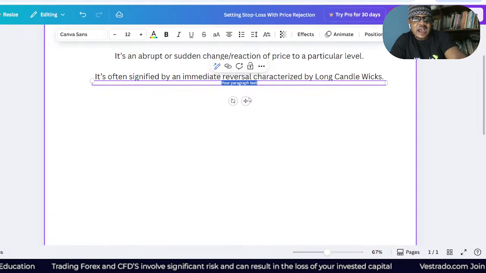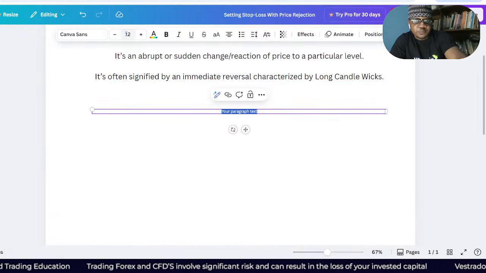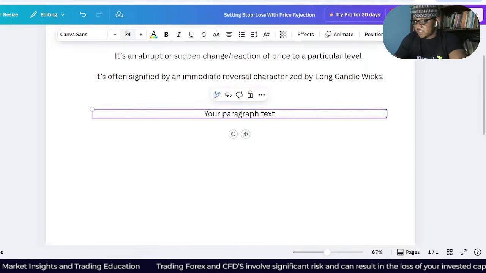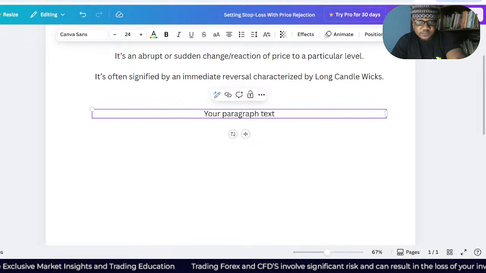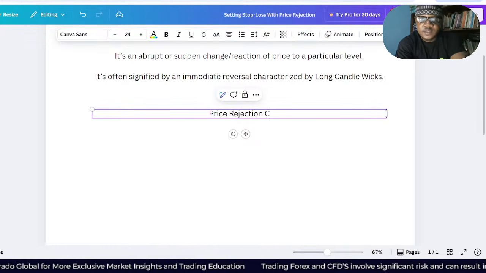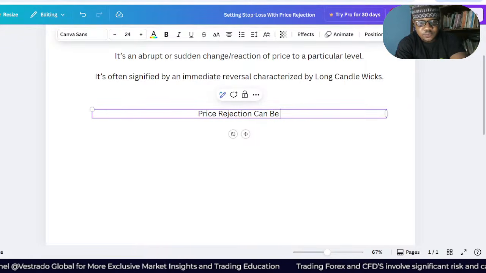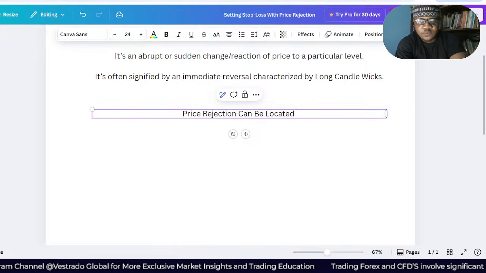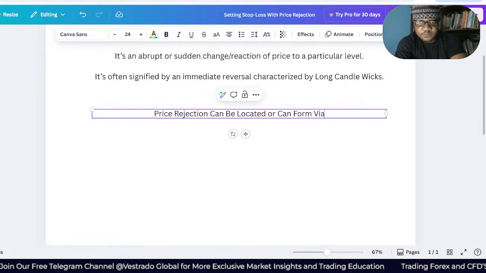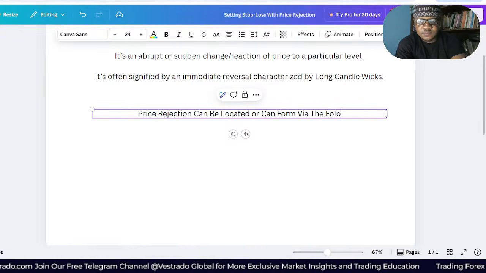So let's see how we can locate price rejection on the charts. Price rejection can form via the following ways.